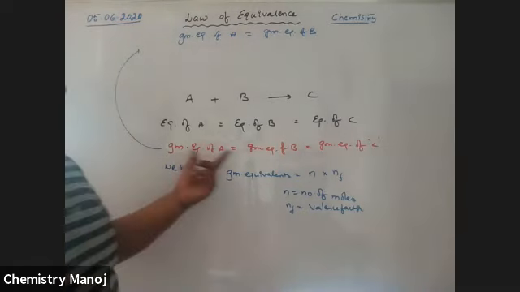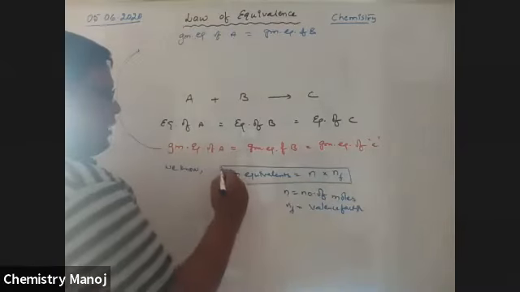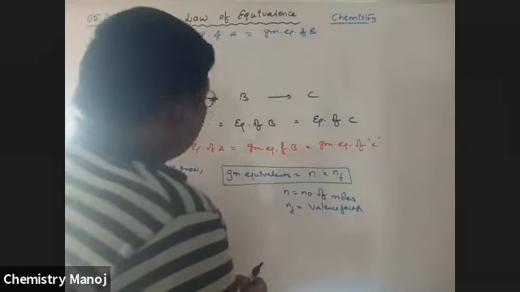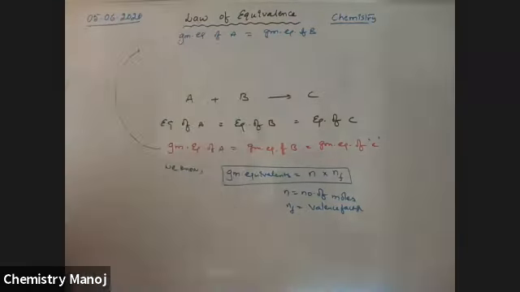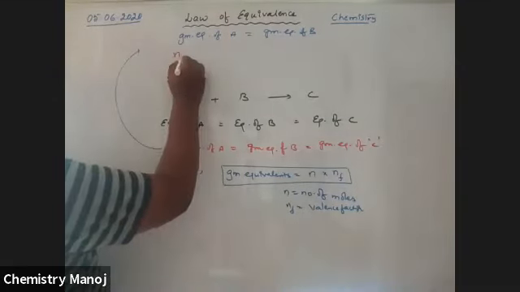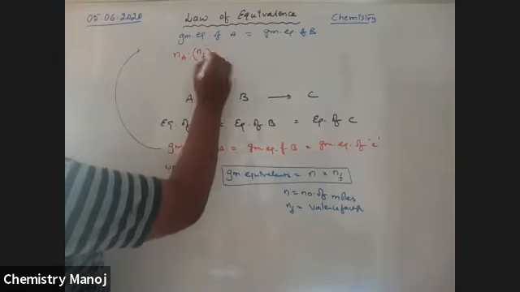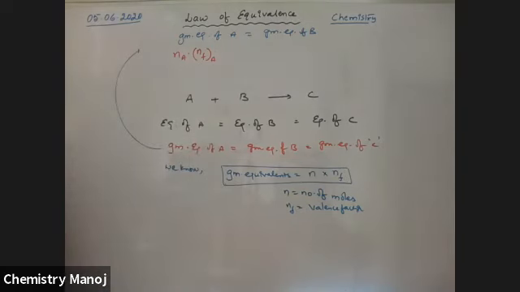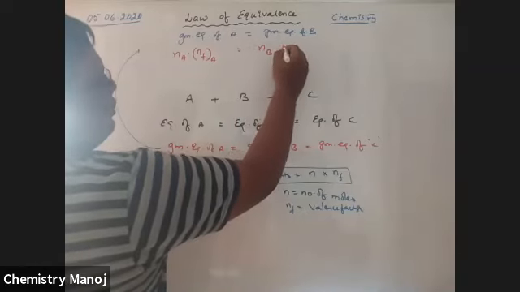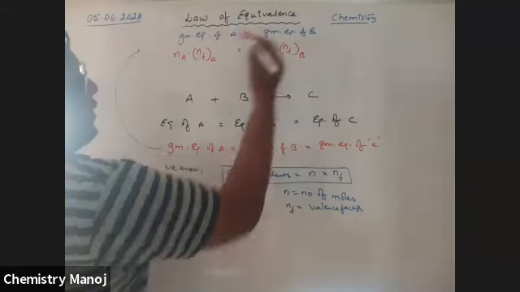Therefore, apply the gram equivalence formula: n into n factor of that particular chemical. That is, gram equivalence of A means number of moles of A into n factor of A, the valency factor of A, which is equal to number of moles of B into n factor of B.